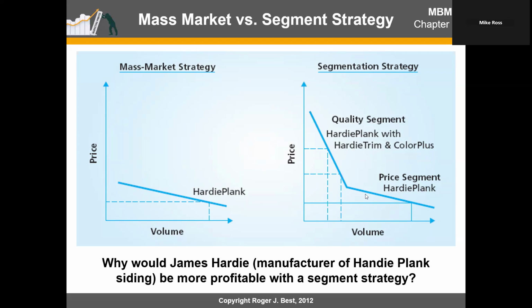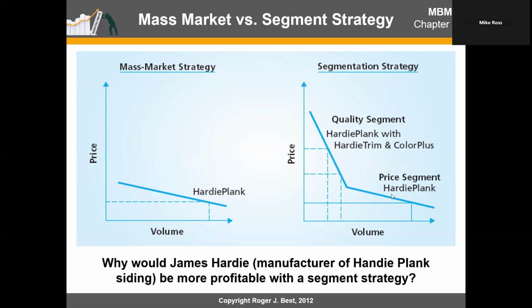But then Hardie Plank is also appreciating that we could articulate two different segments, right? And we were looking at those two homes several slides ago. There's one segment that is less price sensitive, more inelastic around price, and we could call that the quality segment.